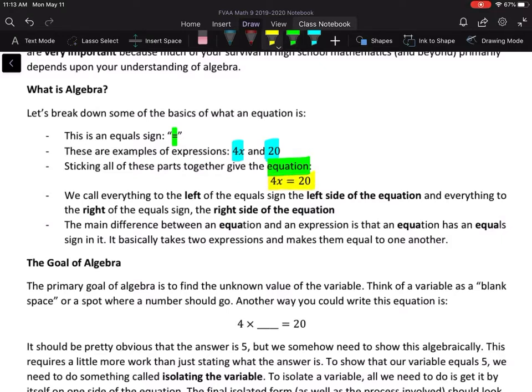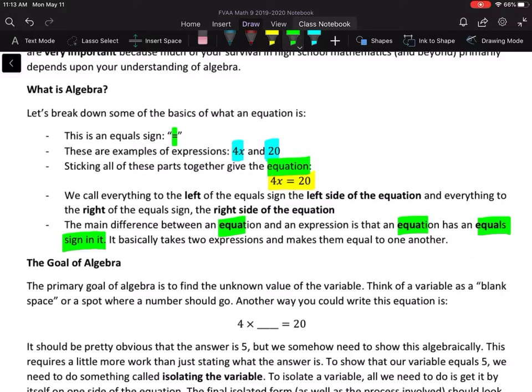We call everything on the left of the equal sign the left side of the equation, and everything on the right of the equal sign the right side of the equation. The main difference between an equation and an expression is that an equation has the equal sign in it. You can remember that by equation, equal.